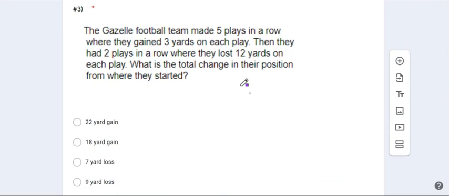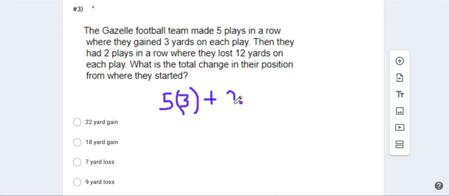Number 3, the Gazelle football team made 5 plays in a row where they gained 3 yards on each play. So I could add 3 five times, or I could do 5 times 3, right? So they gained 15 yards. Then they had 2 plays in a row where they lost 12 yards.